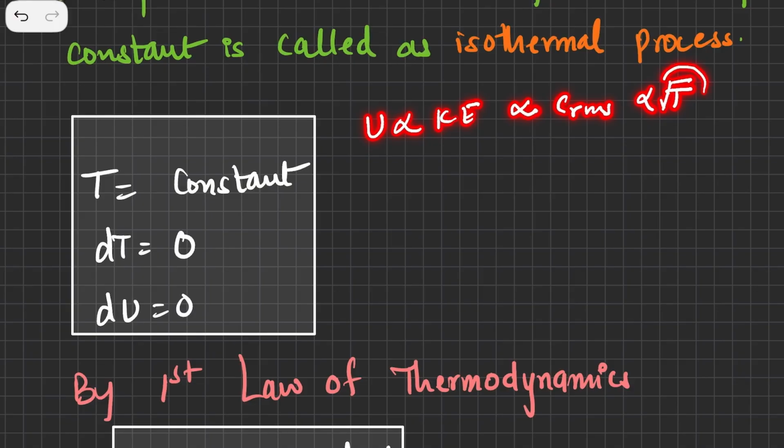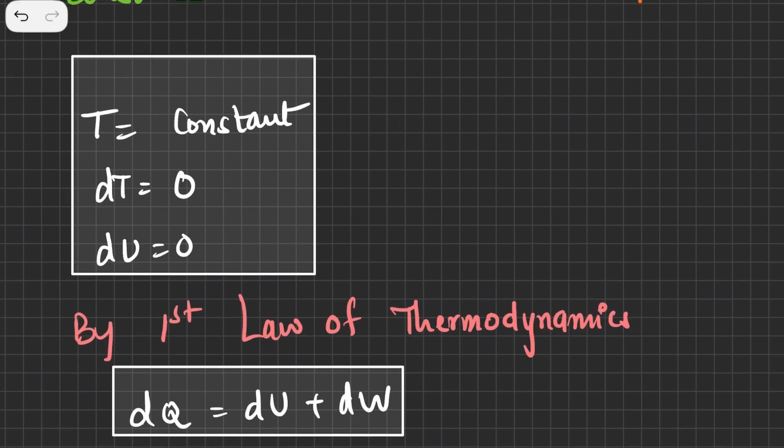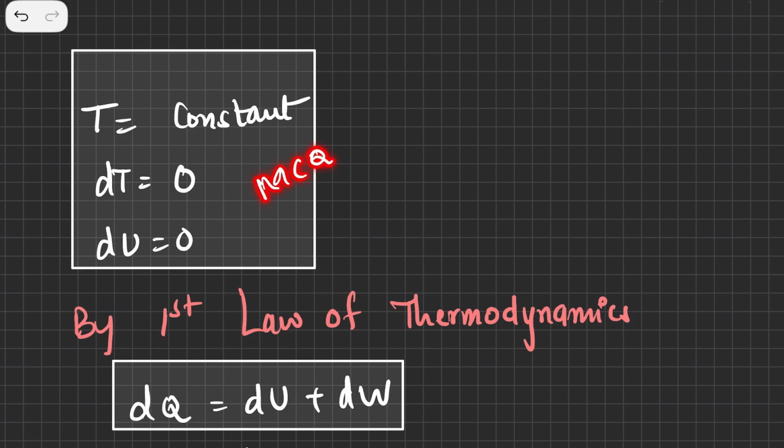So if there is no change in temperature, then the internal energy will also remain constant, and the change in internal energy will also be 0. This can be asked in MCQs: in an isothermal process, the change in internal energy is how much.